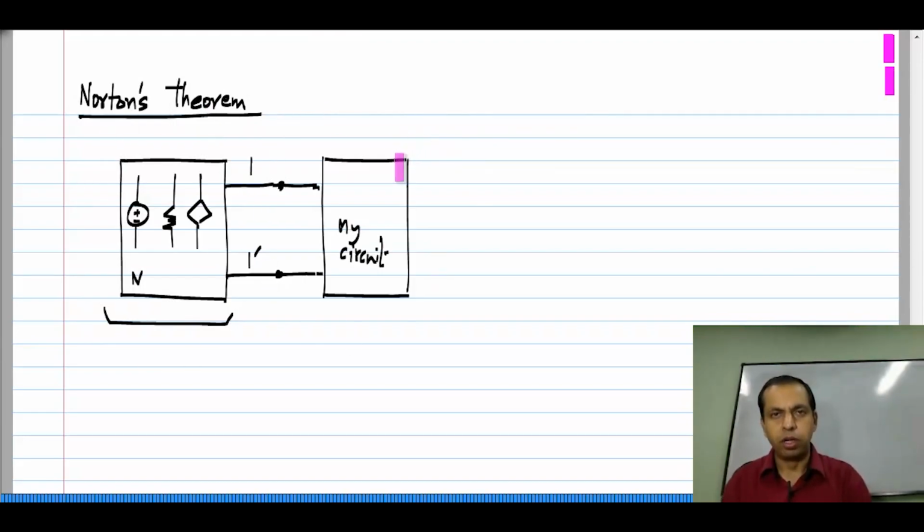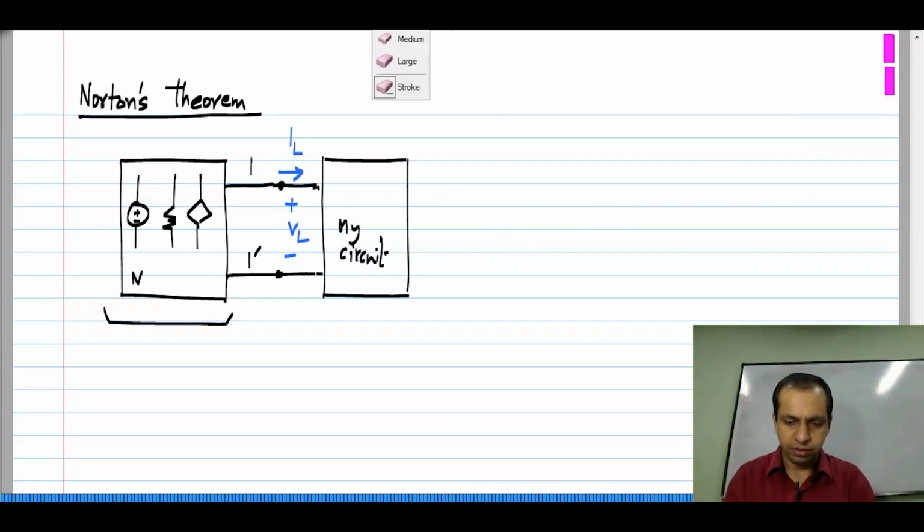Now, if you recall, while deriving Thevenin's equivalent, we replaced this with a current source based on the substitution theorem. What we will do here instead is, let me again say this voltage happens to be VL and this current is IL. I will replace it with a voltage source instead.